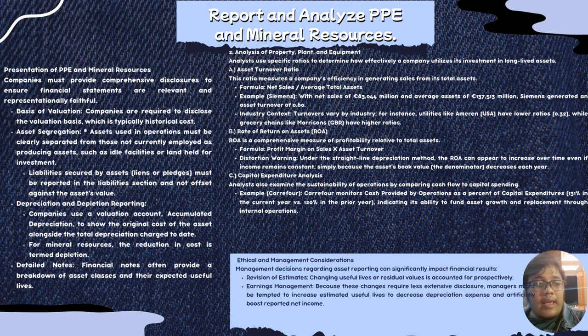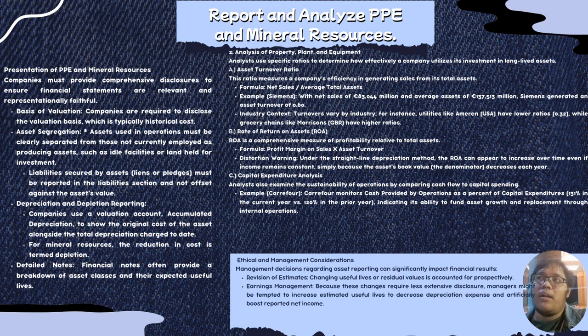The company must disclose the valuation basis, which is typically the historical cost. Then there is asset segregation, where assets used in operation must be clearly separated from those not currently employed as producing assets, such as other facilities or land held for investment.